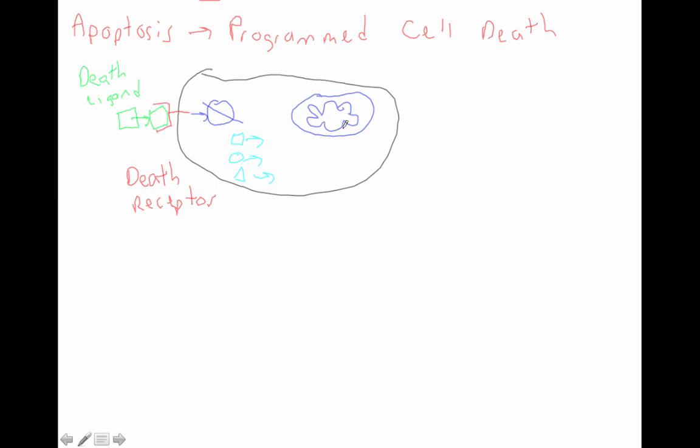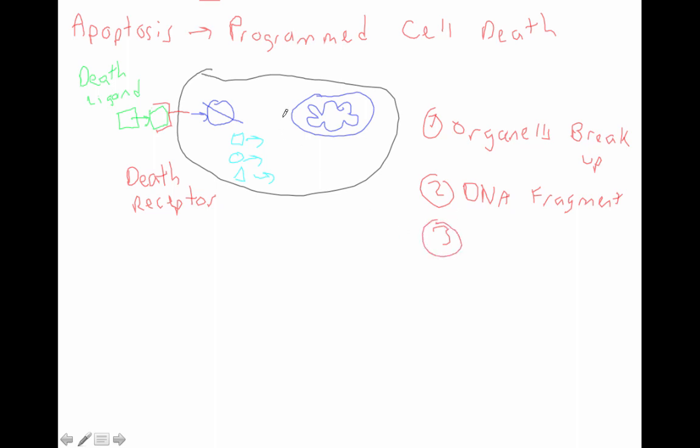Some of the things that they will do, and let's just list them over here, is they will cause organelles like the mitochondria. They will also cause the DNA inside the nucleus to fragment. And they do some other things, but let's just close with this last one.